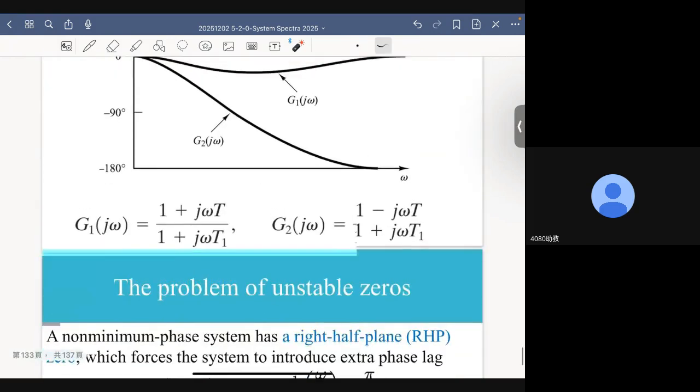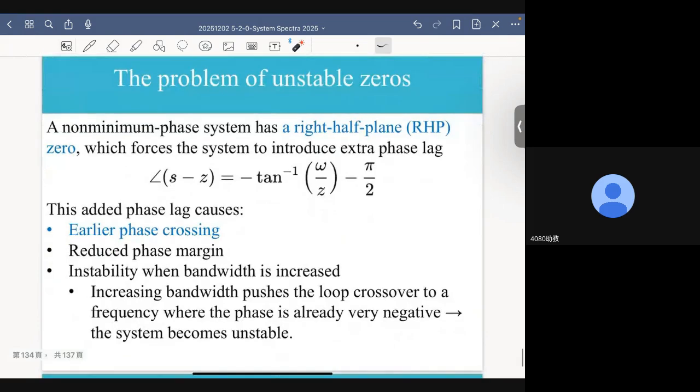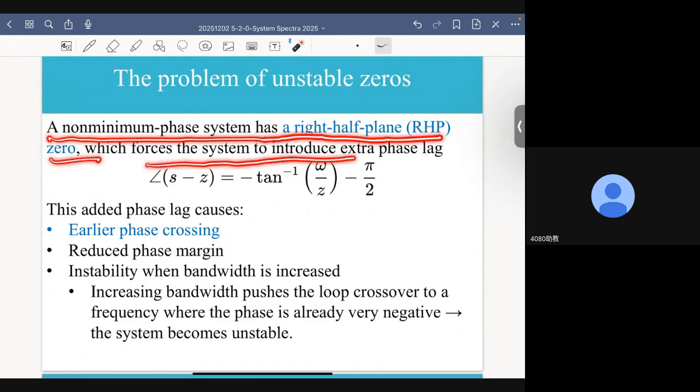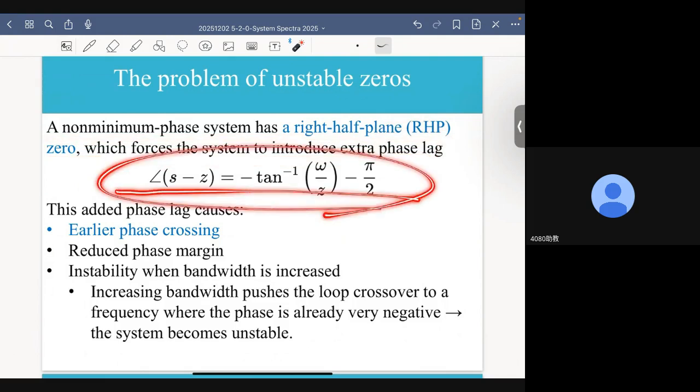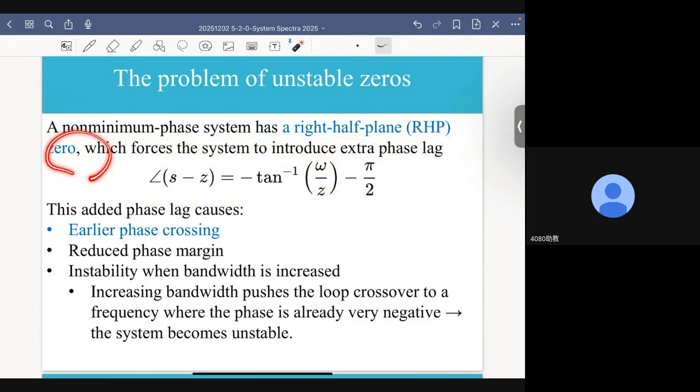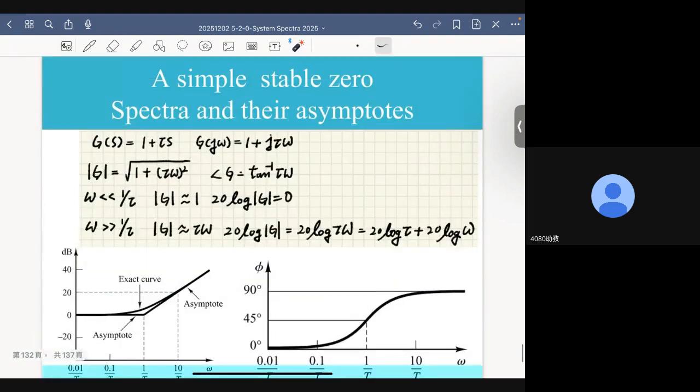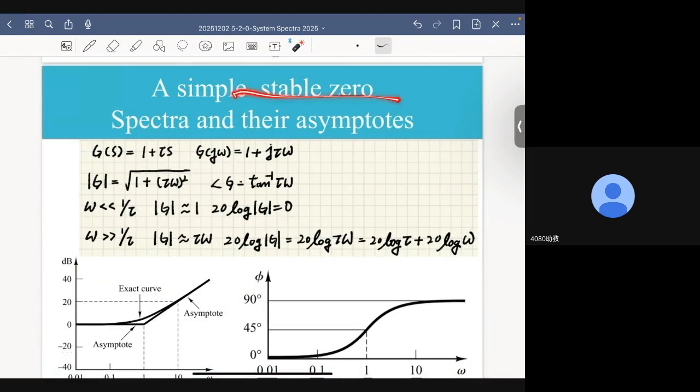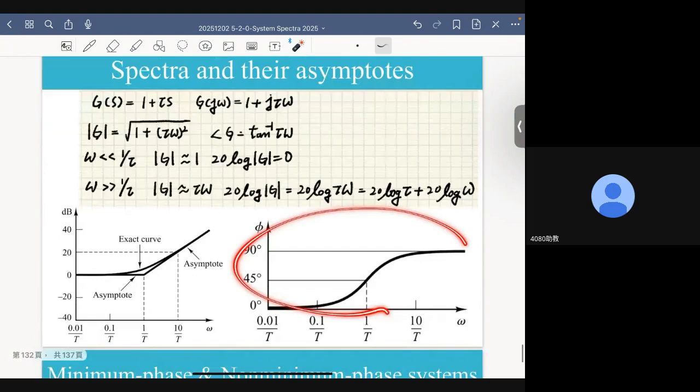Now for a non-minimum phase system that has a right half plane zero, which forces the system to introduce extra phase lag. This is the phase lag introduced by the unstable zero. By comparison, if I have a stable zero, the phase response is this.